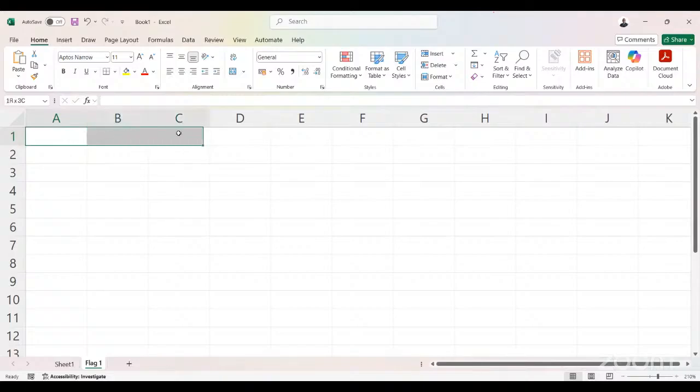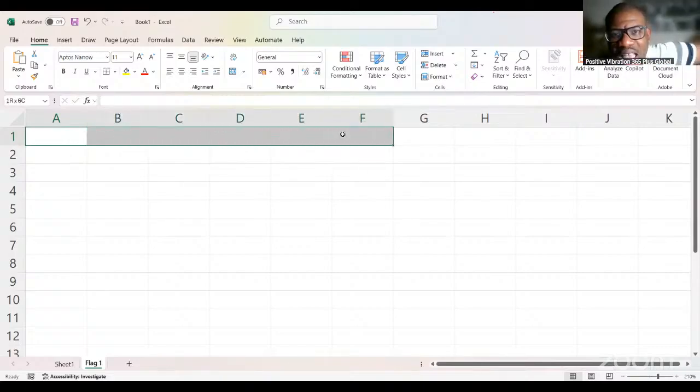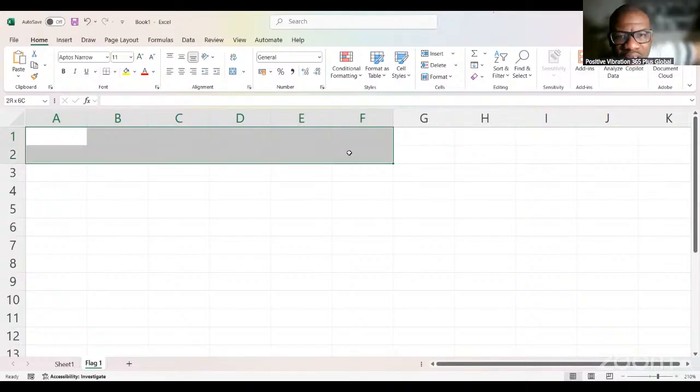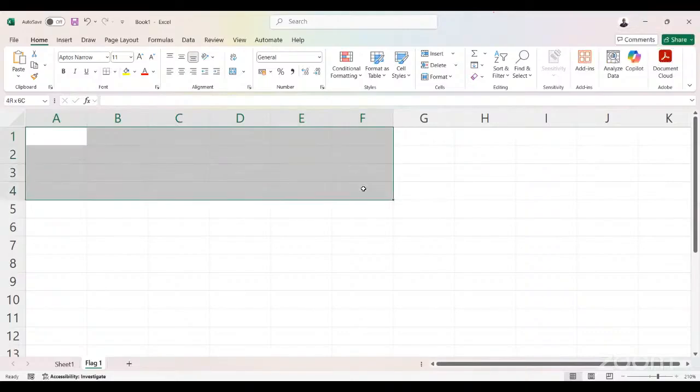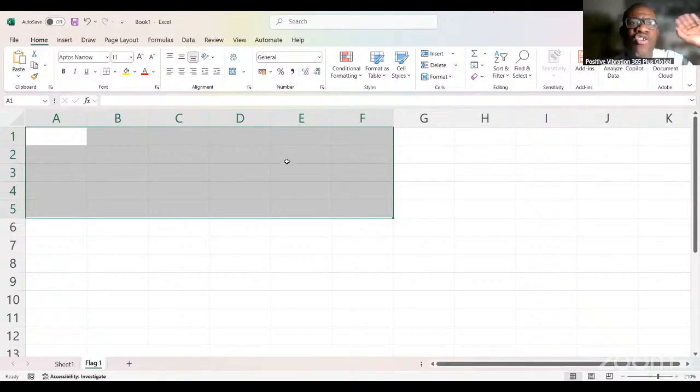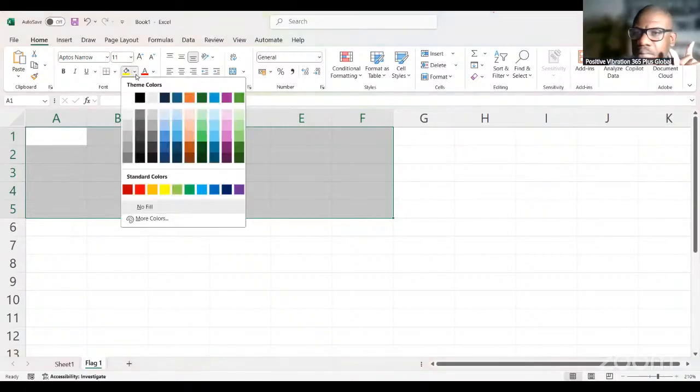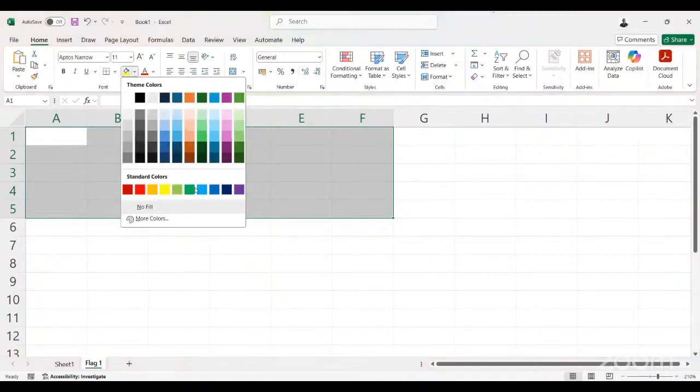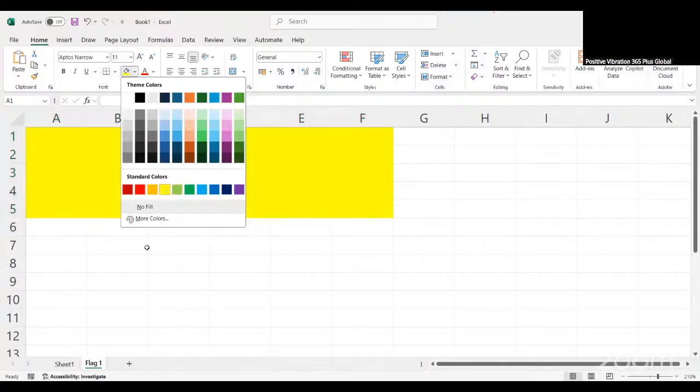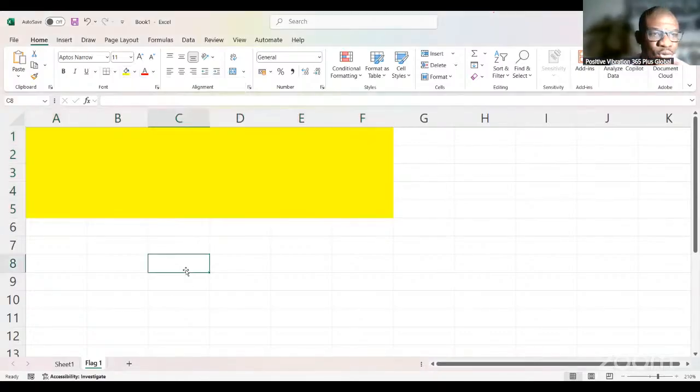F. So we are going to go right across to F and then down to what number? 5. Very good. There you go. And we would have successfully identified the area from A1 to F5. What color should it be? Yellow. Very good. So we're going to make that yellow. Seen? All right, cool.